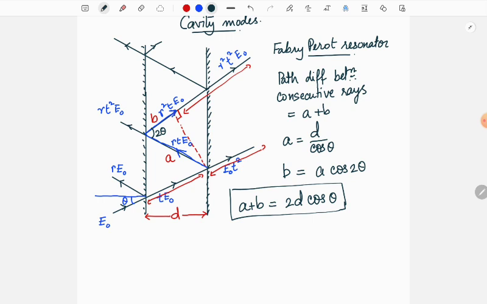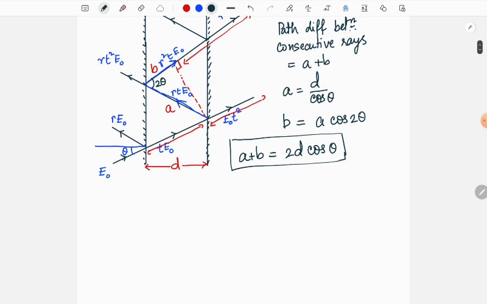So when we talk of interference, we need to consider phase. So the phase difference between the consecutive rays is nothing but your wave vector times delta z, where I should write the distance as z, since we have something else for r.